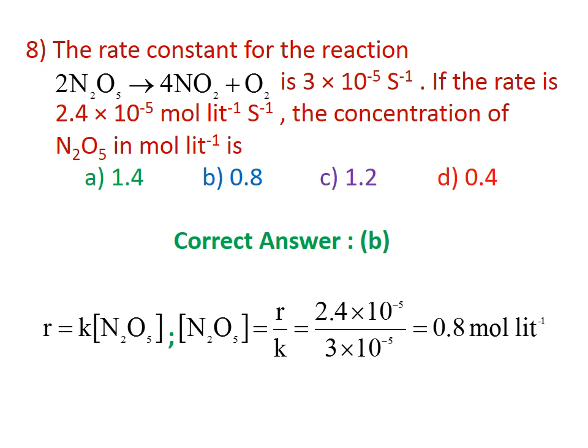R will be equal to K into concentration of N2O5, and you have to calculate the concentration of N2O5. The concentration of N2O5 equals R by K. R will be equal to 2.4 into 10 to the power of minus 5, and K will be equal to 3 into 10 to the power of minus 5. This is equal to 0.8 mole liter power minus 1. The correct answer is B.